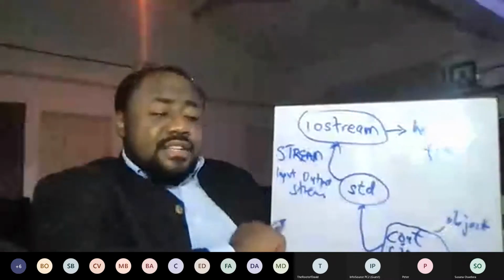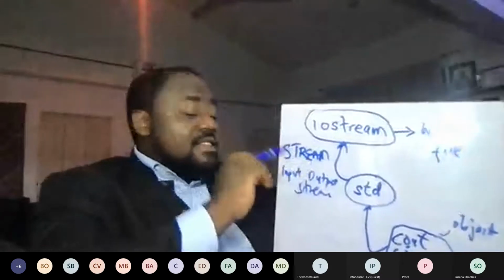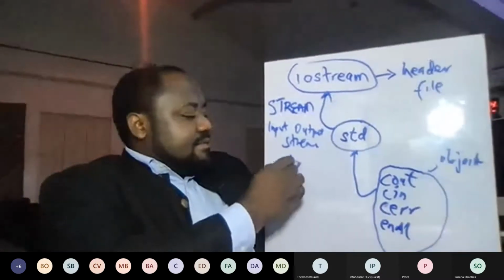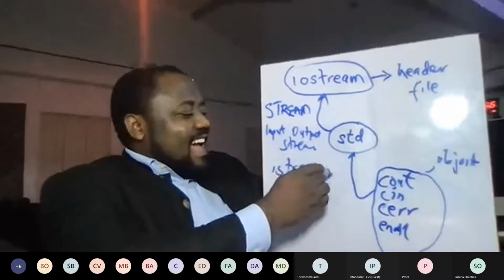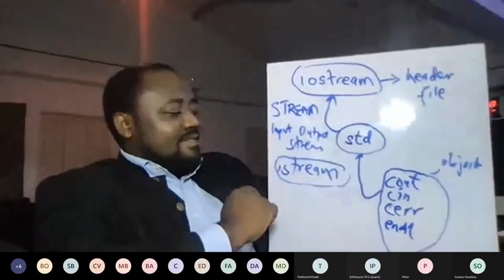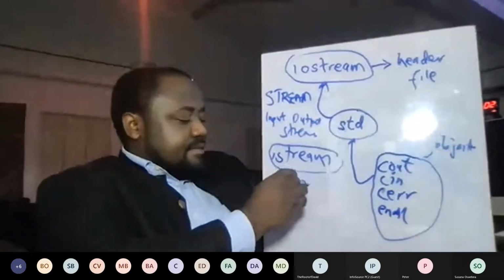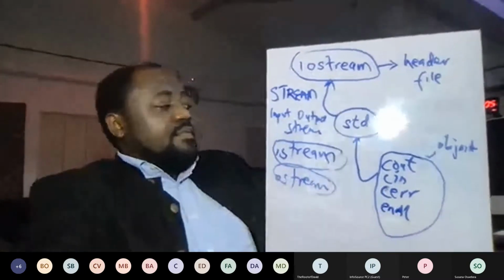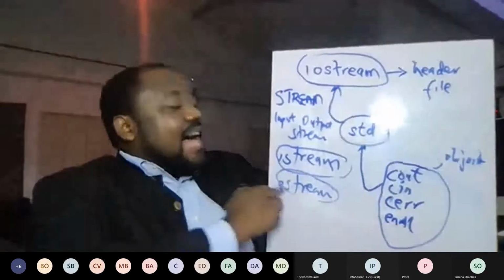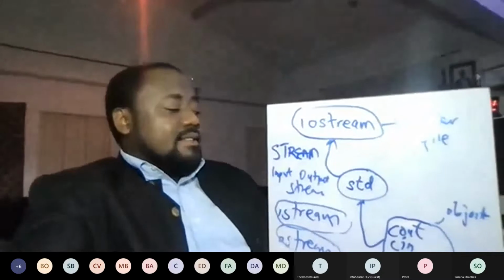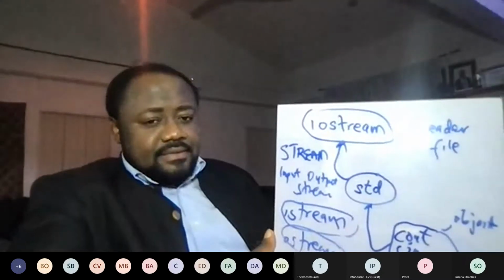Apart from the IOStream, that is input-output stream, we have another stream dedicated to the input stream. So we call it IStream, please, not ice cream. IStream. This stands for input stream. We have OStream. This is output stream. We'll talk about other ones as well.